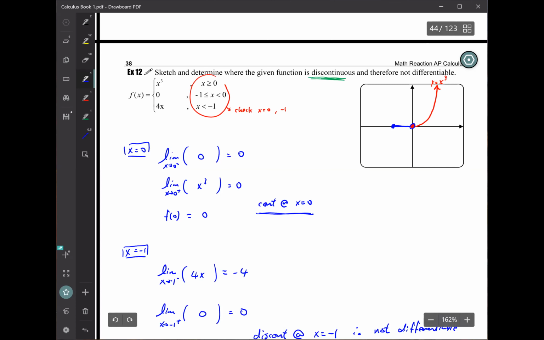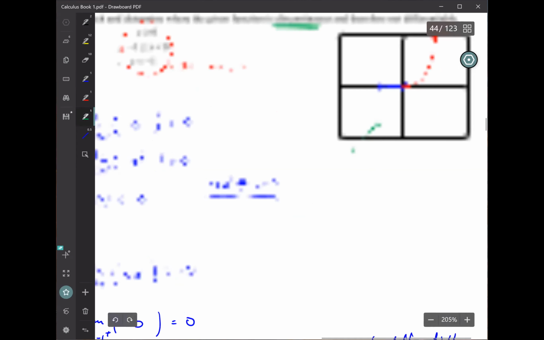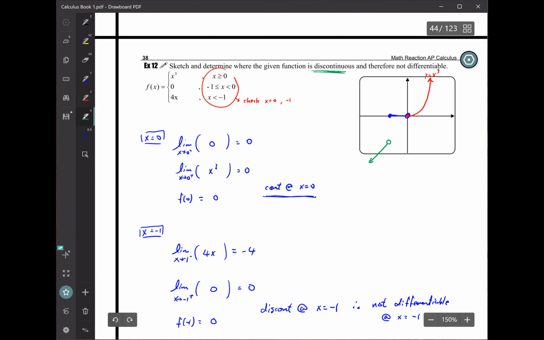Empty circle there. And then you have -1 is -4, and that one is an empty circle. I'll use the green. So it'll be here, and then positive slope. Okay, so the 3 pieces, that's the graph, right?